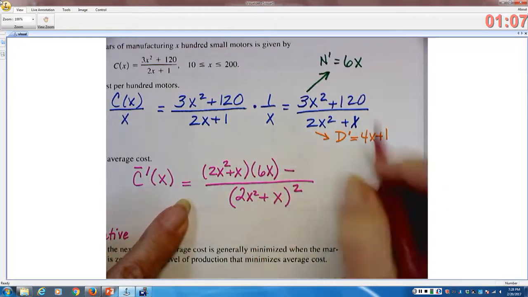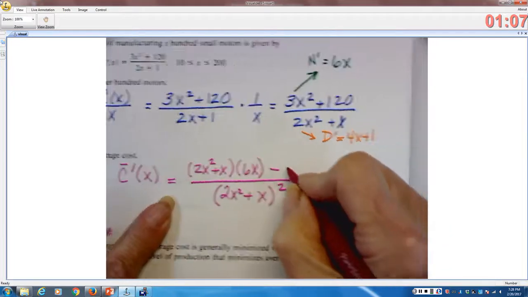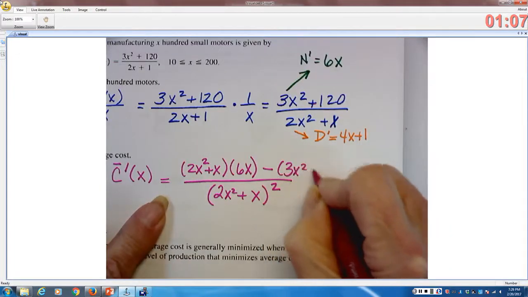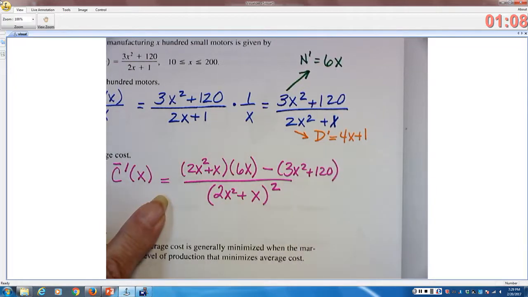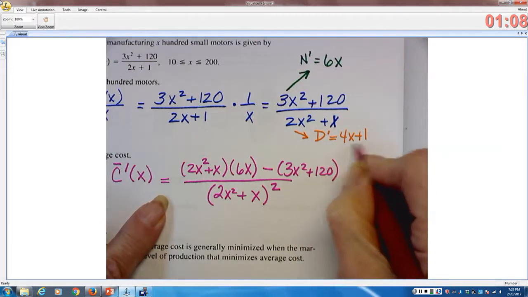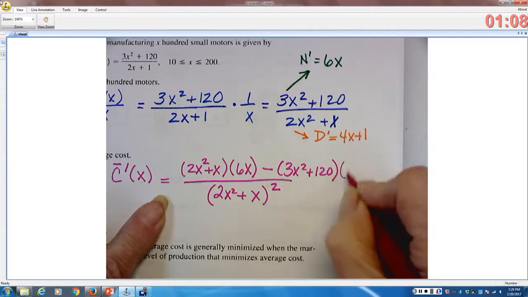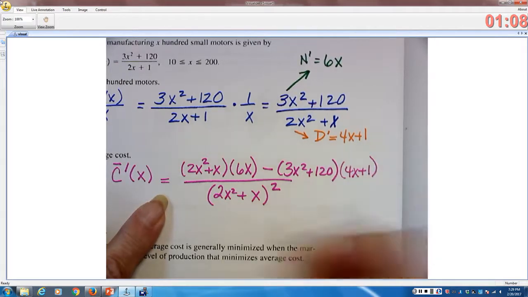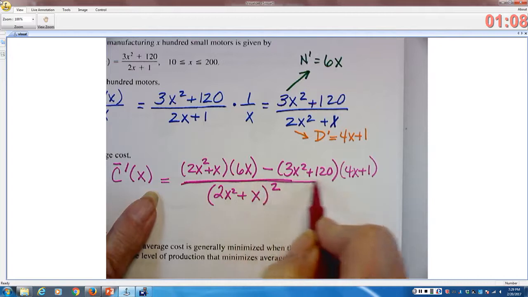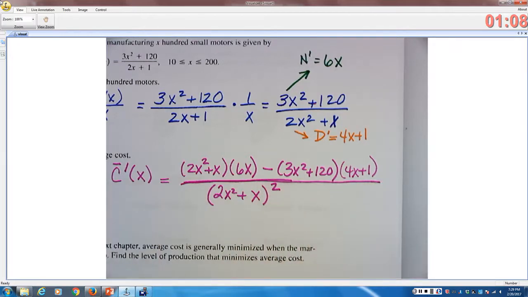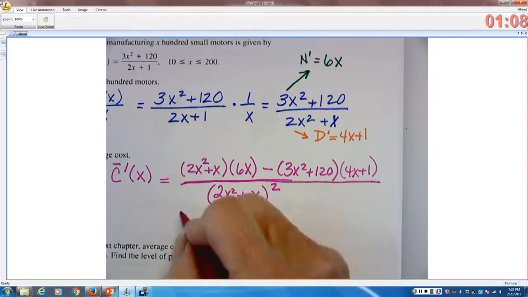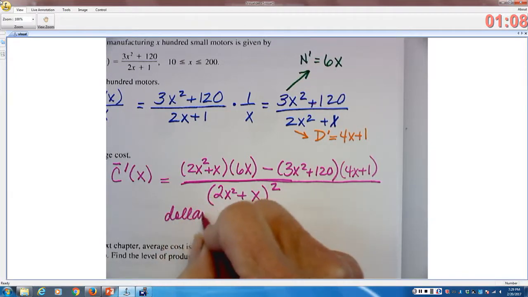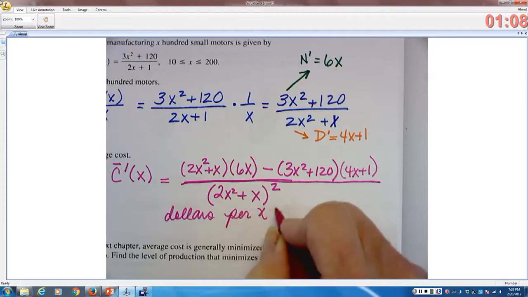Then I'm going to subtract the numerator, which is 3x squared plus 120, and multiply it by the derivative of the denominator, which was 4x plus 1. And that is your marginal average cost. And since it's marginal, it's going to be in dollars per x hundred motors.